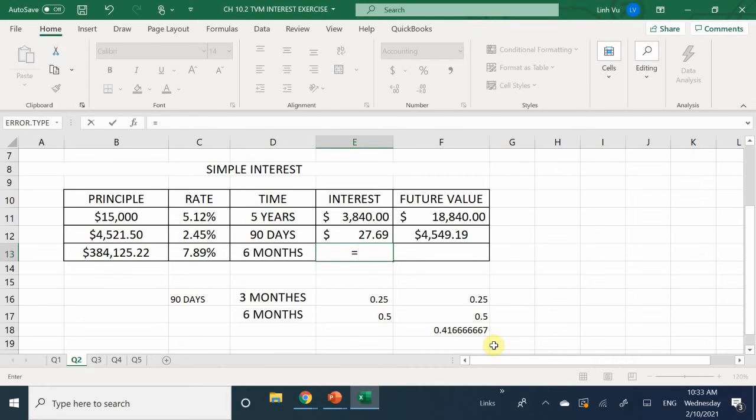So you're going to be multiplying your $384,125.22. It's being multiplied by the 7.89% times 0.5, because it's only for 6 months. It's half the year.